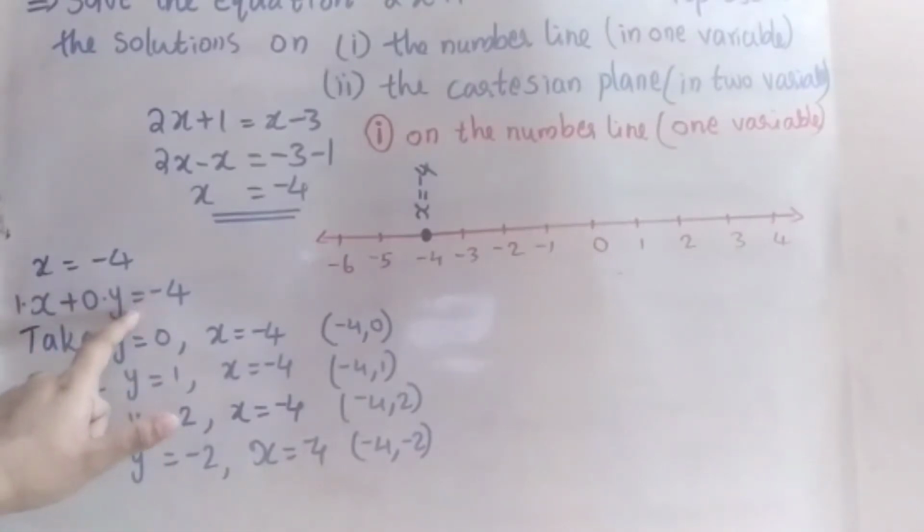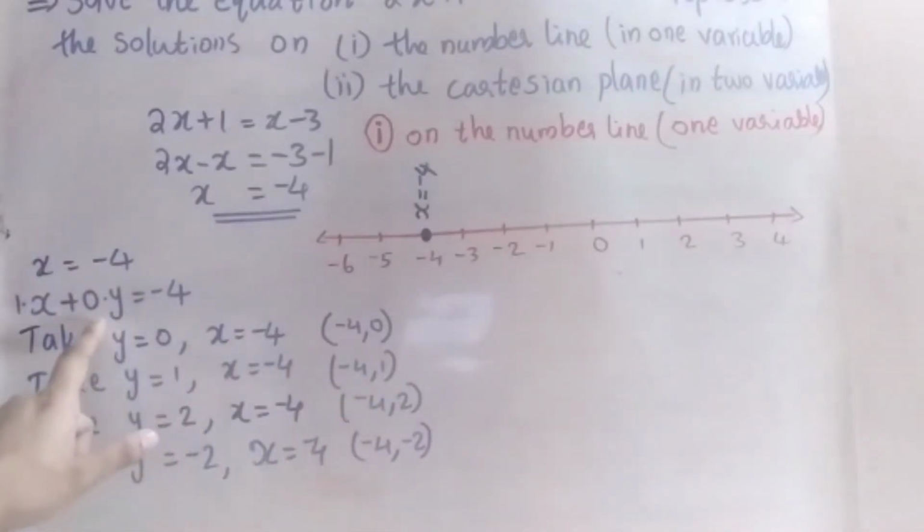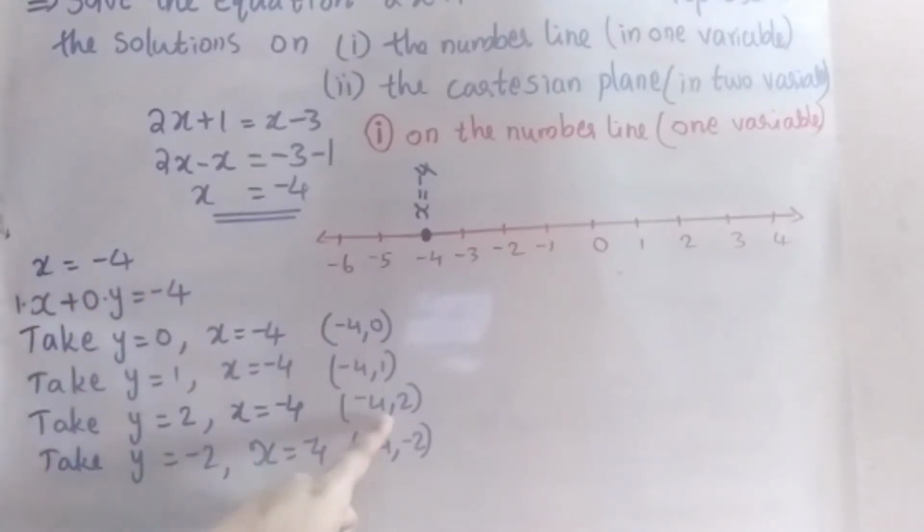Again the term is 0 and x is equal to minus 4. Take y is equal to 2; again x equal to minus 4. For any value of y, the value of x remains constant at minus 4. The value of y varies but the value of x is constant.